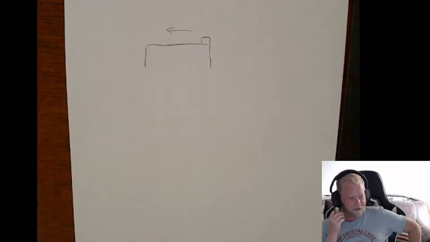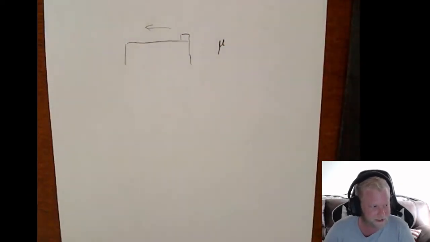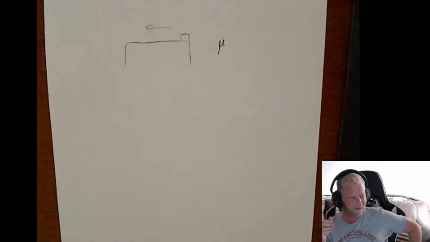So your friction is entirely dependent on what two materials are in contact. And the coefficient of friction is what dictates the amount of friction between any two materials. Now, your coefficient of friction is represented by the Greek letter mu, right? So it basically looks like a U with a little tail in the front. It's one of those weird values in physics that does not have a unit.